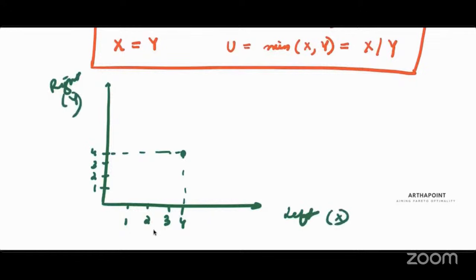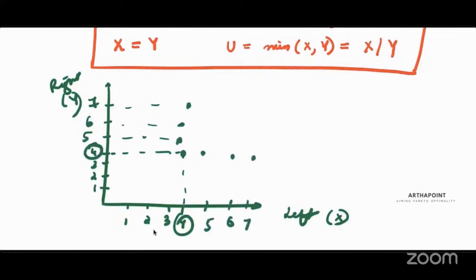Or you can give me 5 of right, 6 of right, 7 of right, but keep left at 4. All of them will give me 4 pairs. Or you can keep right at 4 and give me 5 of left, 6 of left, 7 of left. Then also it will make 4 pairs.